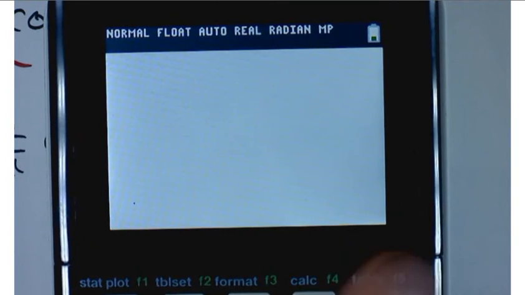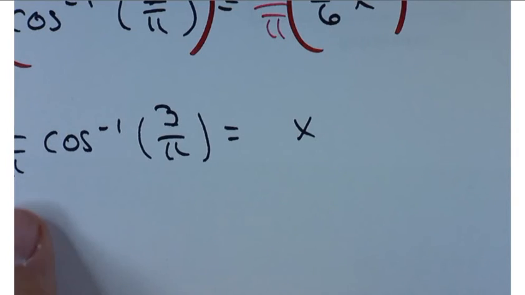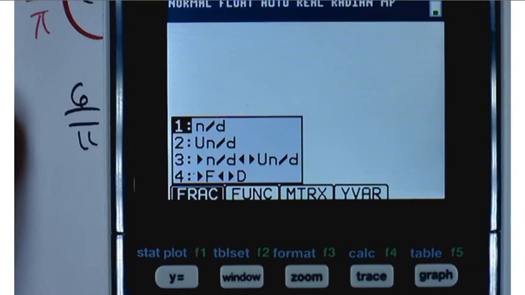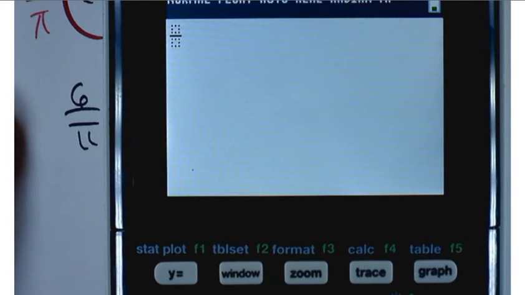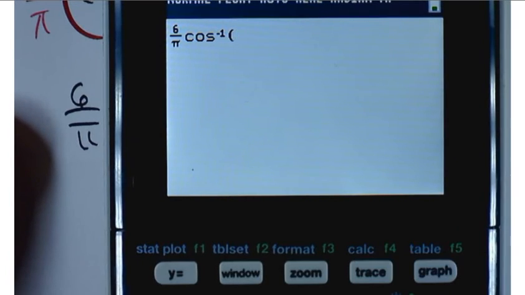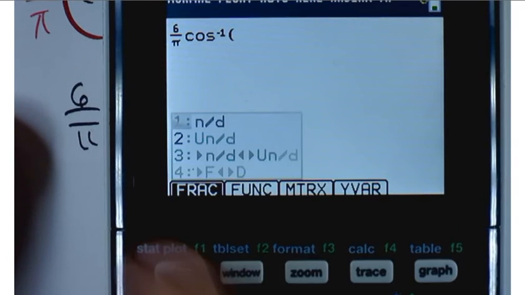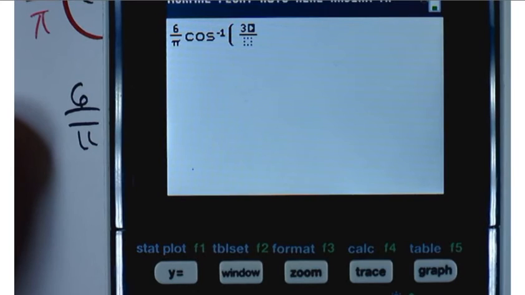Hit the alpha key, type in a fraction, 6 divided by pi. Exit that fraction. And then I want the cosine inverse, so second, and then cosine of, again, another fraction, 3 divided by pi. I guess I didn't really need that part there, but I'm getting 0.57.